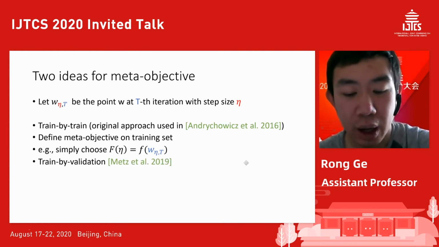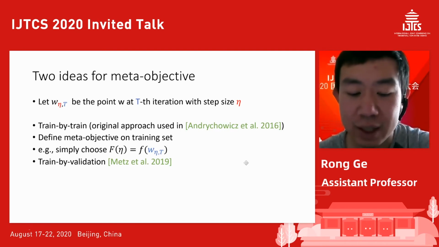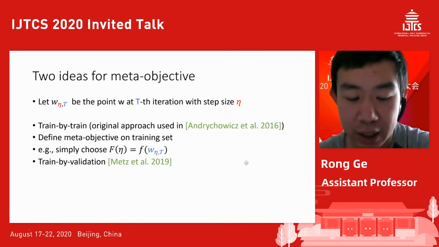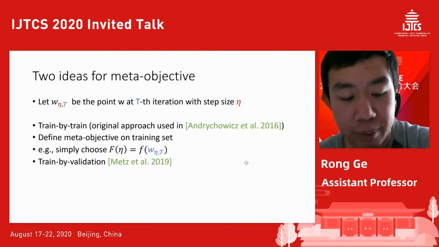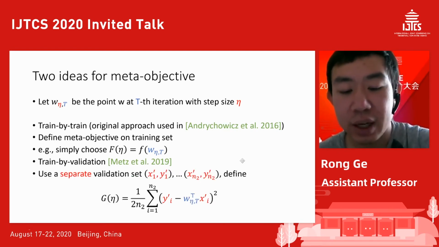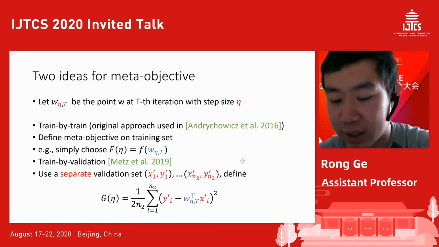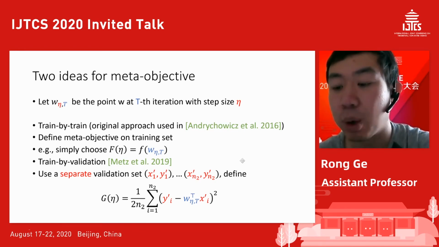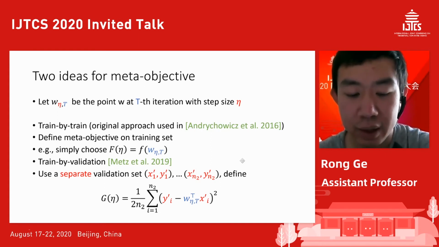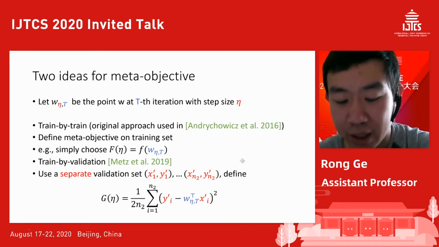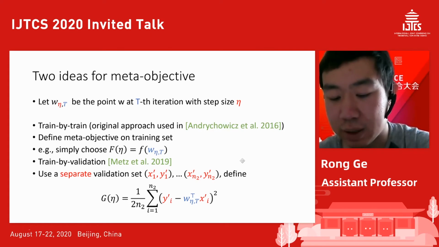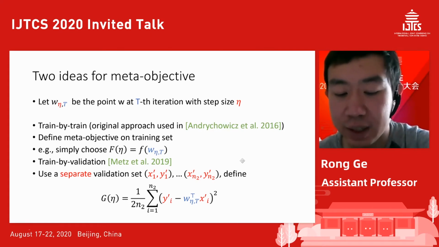But another approach called train-by-validation was proposed later. What train-by-validation does is, instead of evaluating the performance of this last point on the original training set that it's trained on, you use a separate validation set that's sampled independently from your distribution, and you define your meta-objective as the average loss on this new validation set.